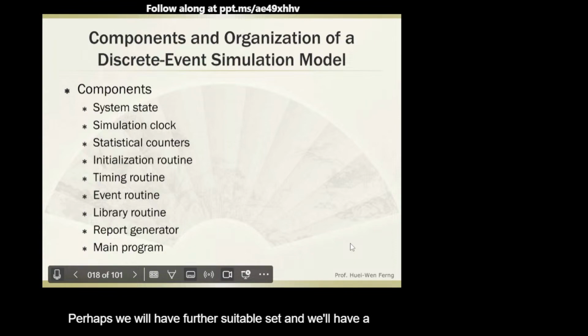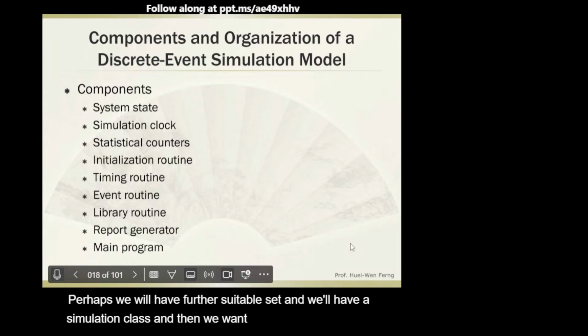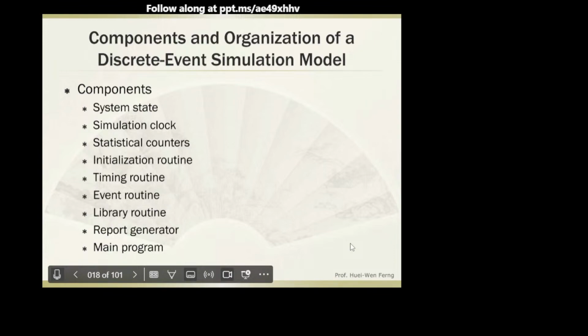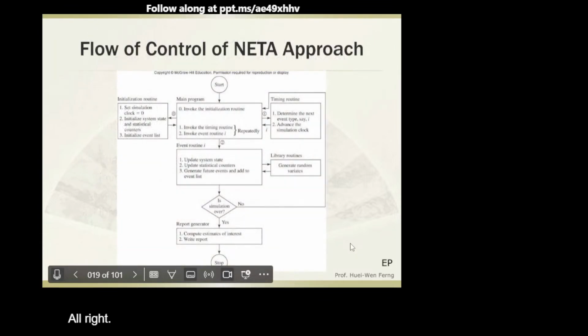And then we want to let the main program know to have the routines. All right. Checking the current routine here, we have initialization, and we have a main program.